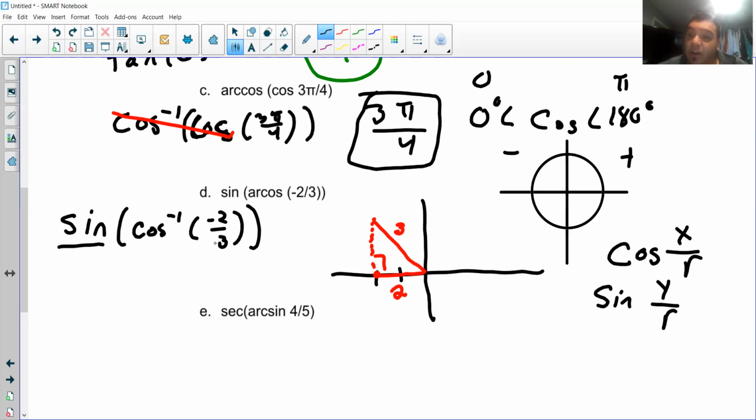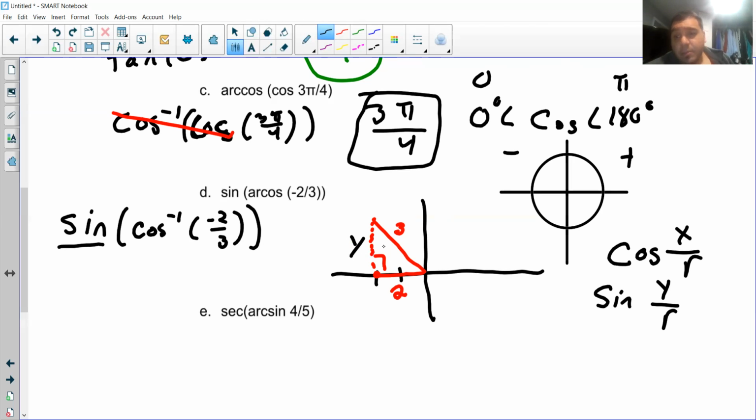Notice here, I'm not actually getting a numeric value for the degrees. I can't do that by hand, and you're not expected to do it by hand. So we're going to form that right triangle to help visualize this situation. For sine, we need a y, and we need the r. We already have the r, which is 3, so we need that y value.